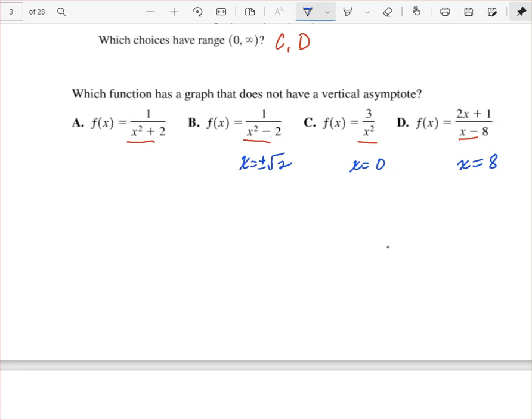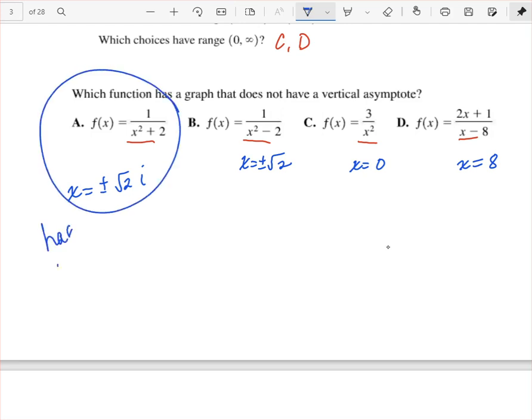Here you get 8. When you solve this one, you're going to get plus or minus the square root of 2i. When you get imaginaries, they don't count. So this one has no vertical asymptotes, because imaginary answers do not count.